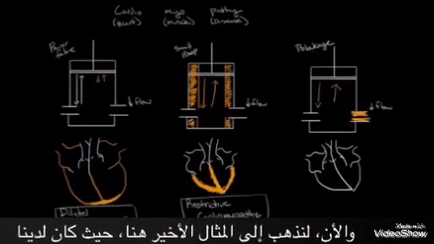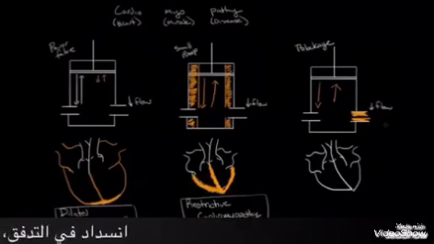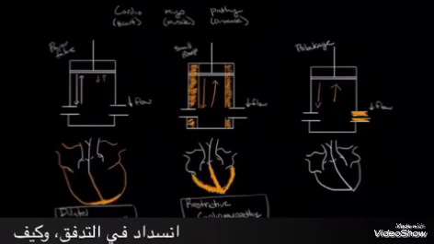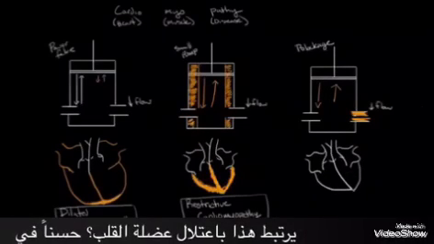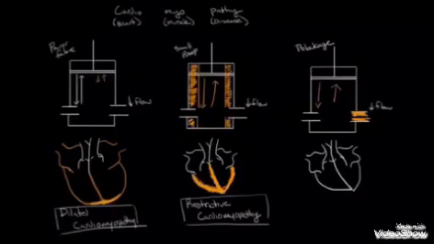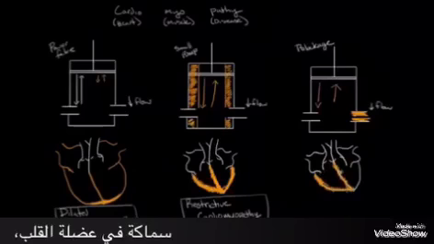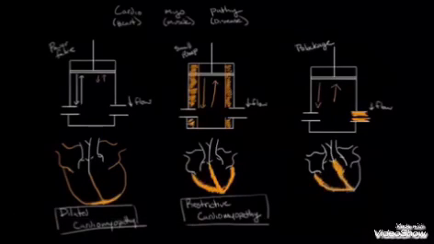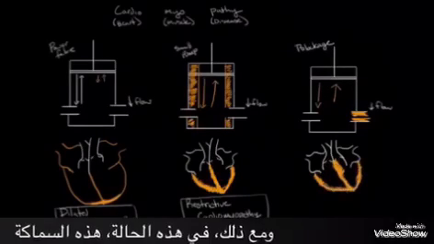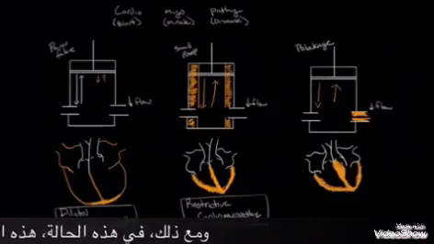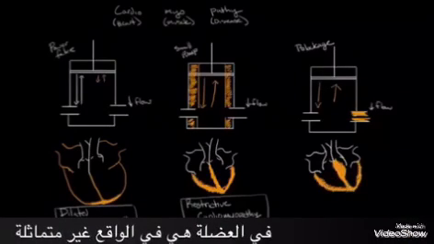So now let's go to this last example here where we had a blockage of the outflow. And how does this relate to a cardiomyopathy? Well, in this example, there's also a thickening of the heart muscle. However, in this case, the thickening of the muscle wall is asymmetric.